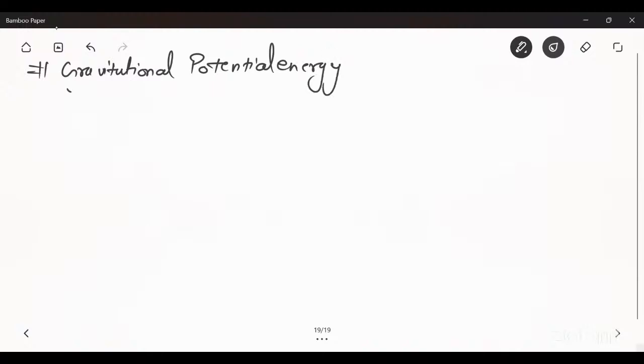Now come to the next part, which was your gravitational potential energy. So what is the gravitational potential energy?